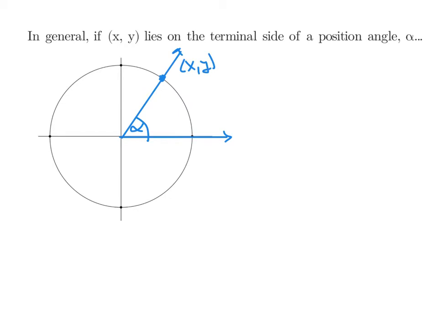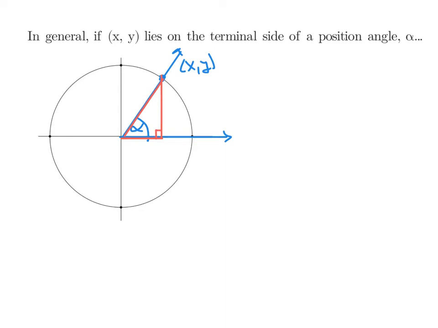That would also define a right triangle that we could draw in by just drawing our vertical down from the point that we're given. And then the base of our triangle would be what lies on the x-axis. And our hypotenuse is the radius of this circle. That creates a right triangle.